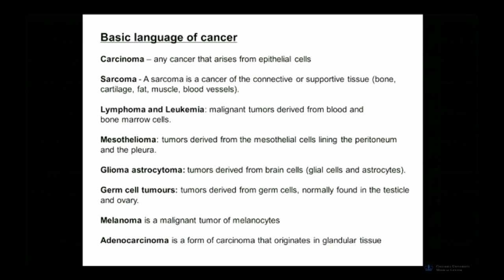So there are a lot of terms that are used when we're talking about cancer, and they describe cancer types based on the original tissue type. Carcinoma is a really common term to describe cancers. Carcinomas are cancers that arise from any kind of epithelial tissue.